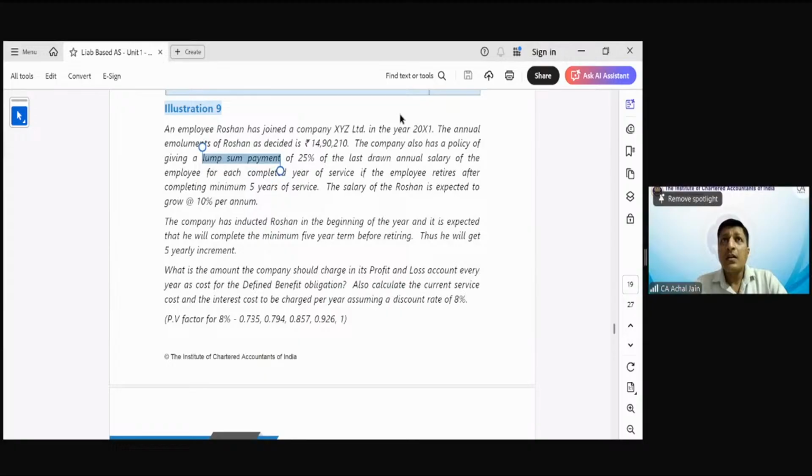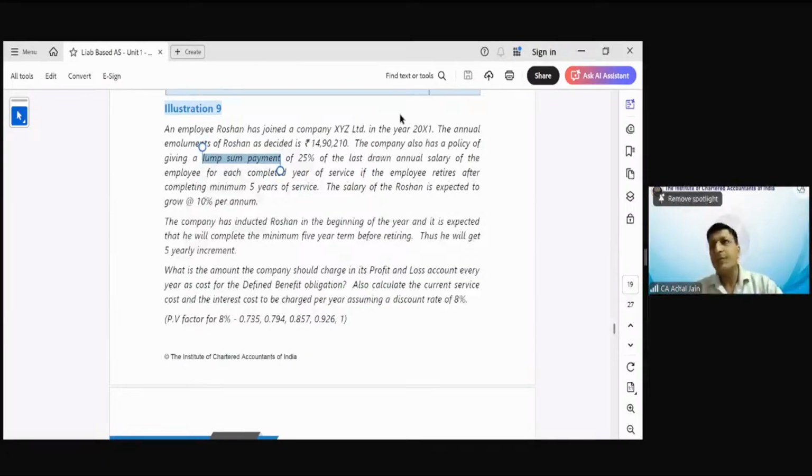It means corresponding to this lump sum payment, the post-employment retirement benefit which the employee is going to get, what is going to be the P&L charge which the company will have to record each year? Also calculate current service cost and interest cost to be charged each year, assuming a discount rate of 8%.